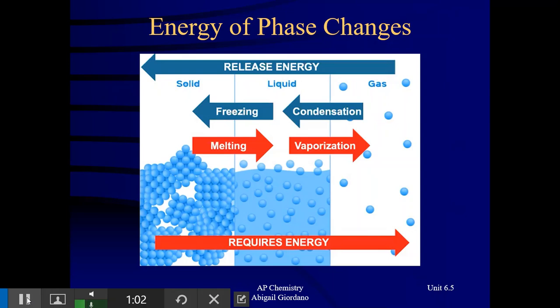Things like freezing and condensation, where bonds or intermolecular forces are being formed, energy will be released into the surroundings. Those are exothermic processes. So we keep coming back to that. It takes energy to break, you get energy when you form. And we're going to be looking at the math involved with phase changes today.